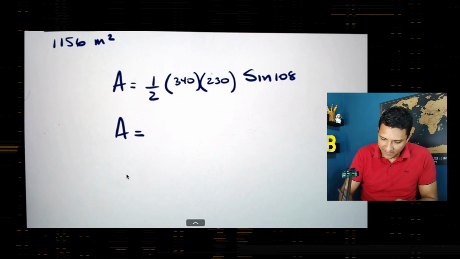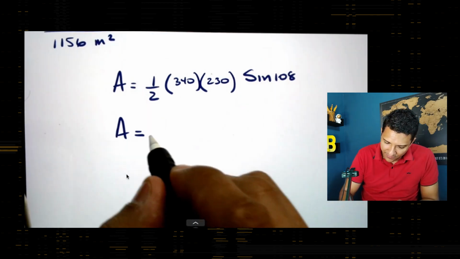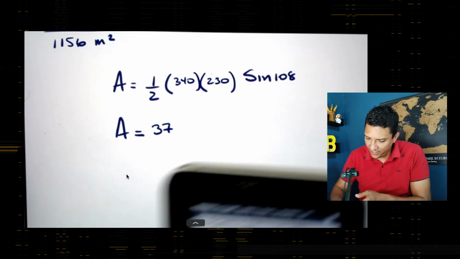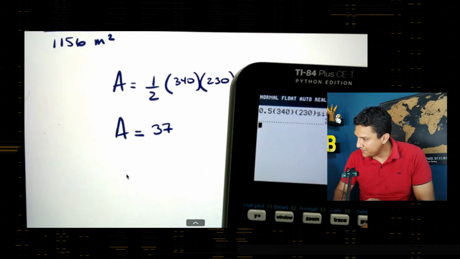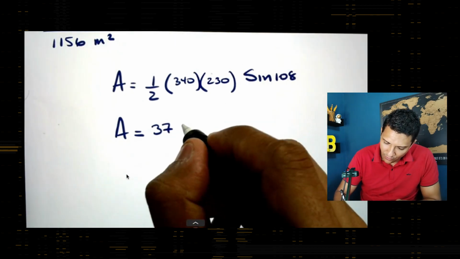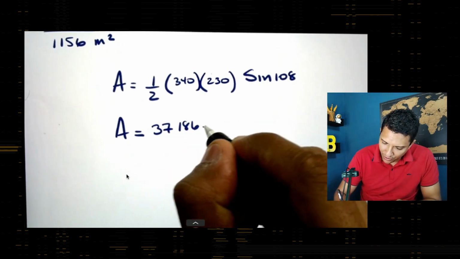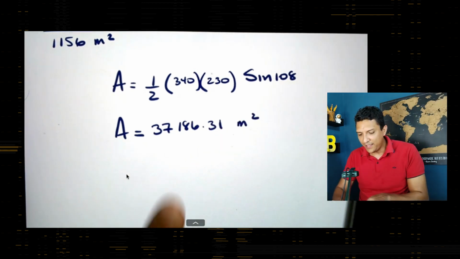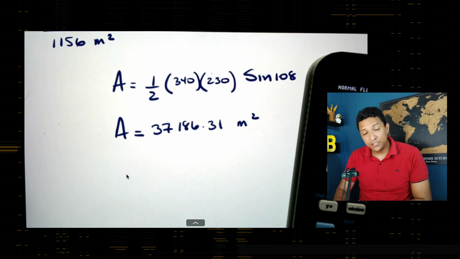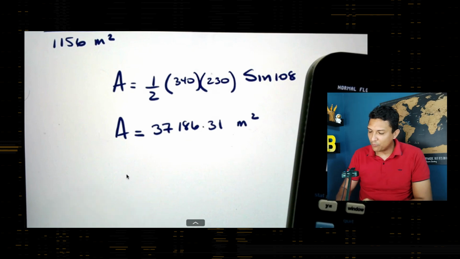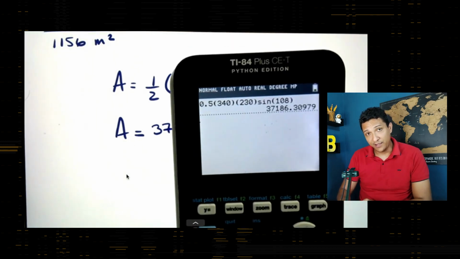Basically, the area that we found is 37,186.31. Something important that you need to know is that here I'm writing it rounded to 2 decimal places, but in reality, in my calculator, I'm going to use all the decimals.